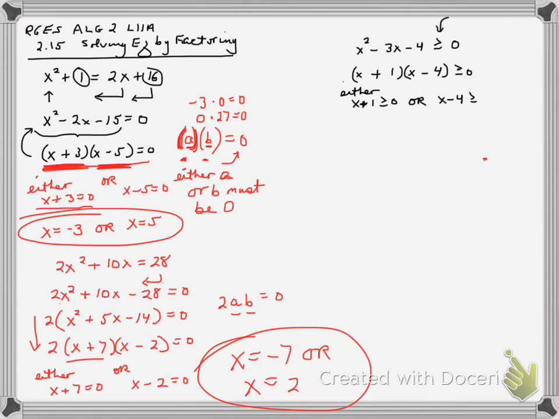Now, actually, let me just back up here a minute in my explanation. What I really want to suggest is that we change this for the purposes of the solution set to an equal sign. We'll come back, okay? But this really makes more sense mathematically. Solve these so we get x equals negative 1 and x equals 4.